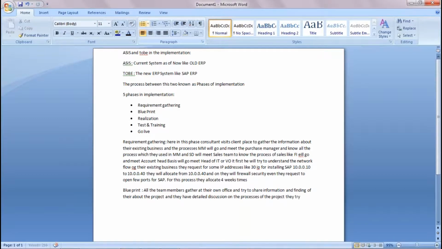They try to put everything in the form of a PPT or flowchart.